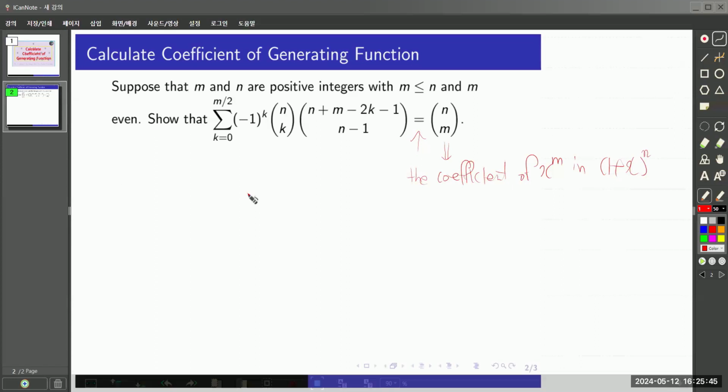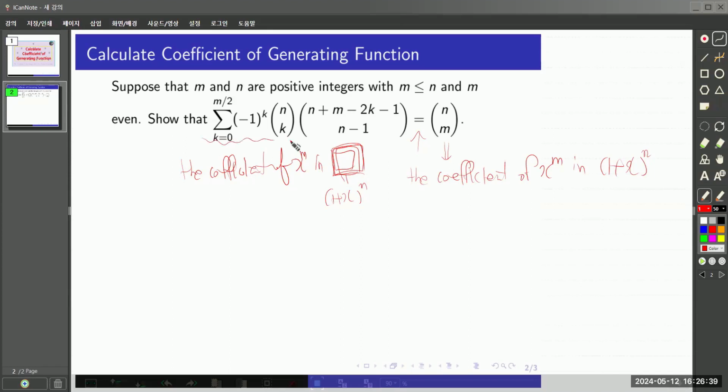You may also think of the left-hand side as the coefficient of x to the m in something which is also equal to (1 plus x) to the n. So we probably want to know the expression of this something. How can we determine this part?